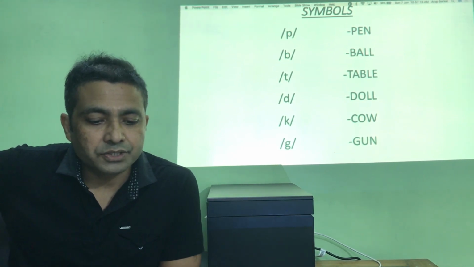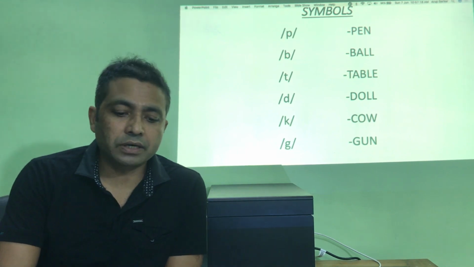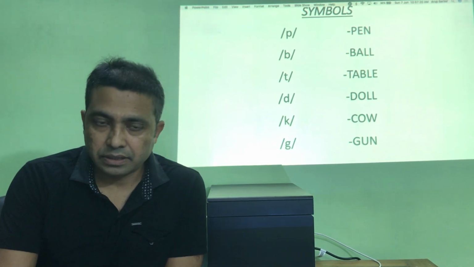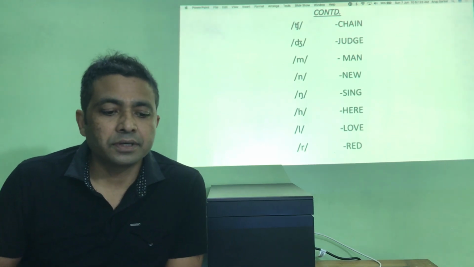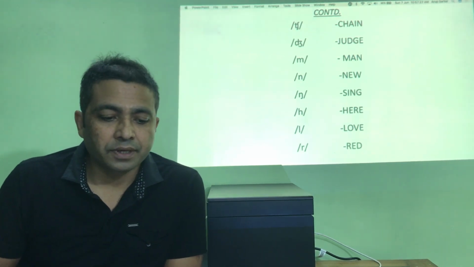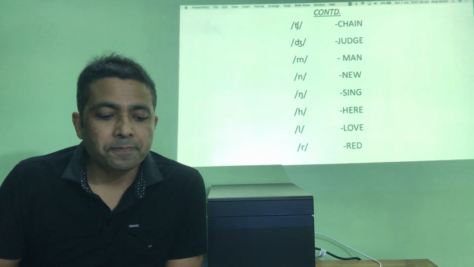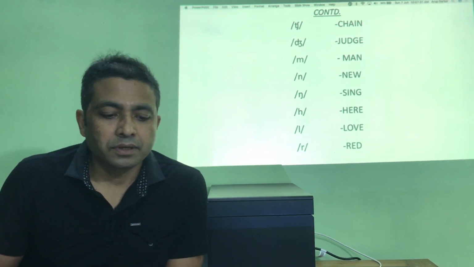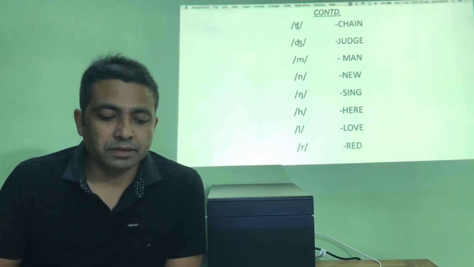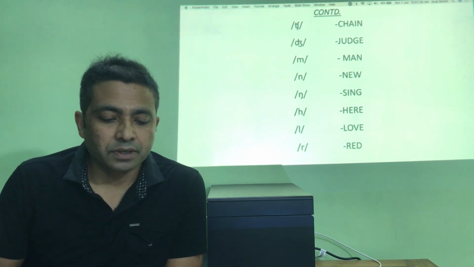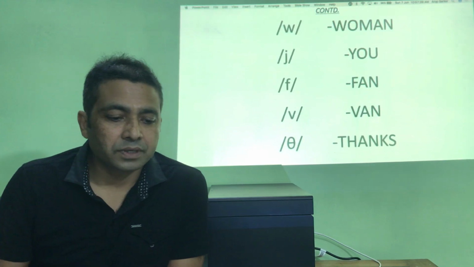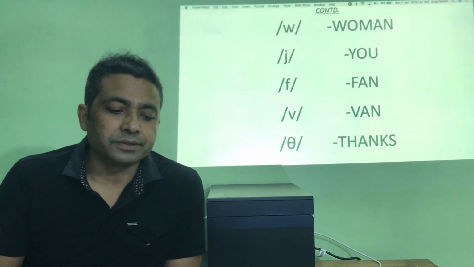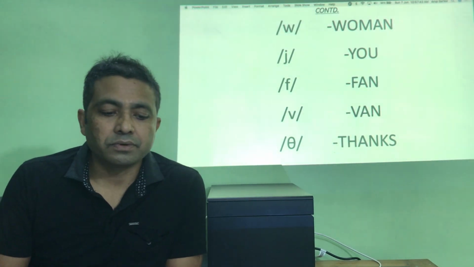T, table; D, dog, doll; K, cow; G, gun; ch, chain; j, judge; m, man; n, new; ng, sing; h, hear; l, love; r, rat; w, woman; y, you.